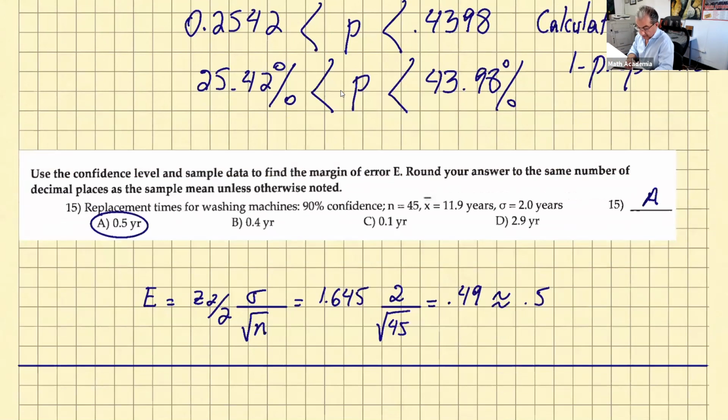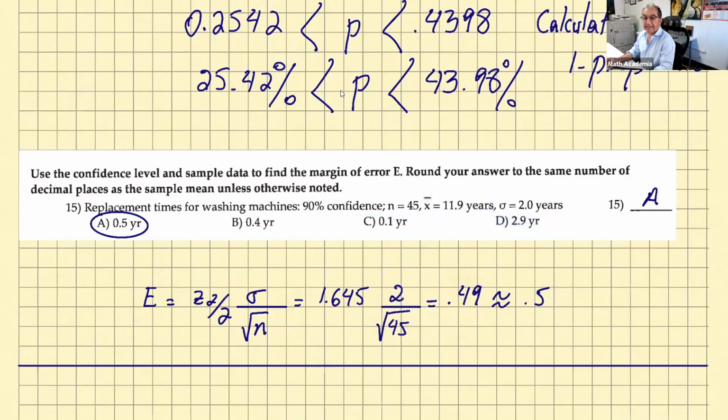Next, use the confidence level and sample data to find the margin of error E. Round your answer to the same number of decimal places as the sample mean unless otherwise noted. Okay, let's see. Sample mean is 119, so it's the nearest tenth. Replacement time for washing machines, 90% confidence, n is 45, x bar is 11.9, and sigma is given here.